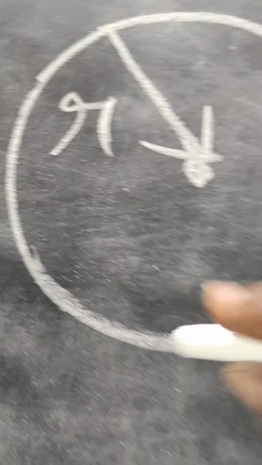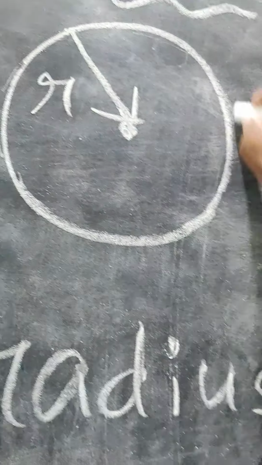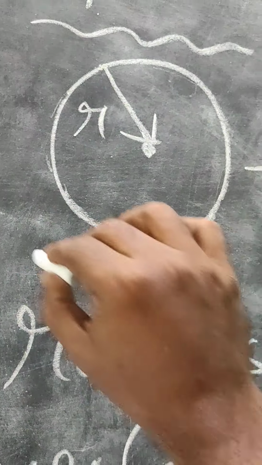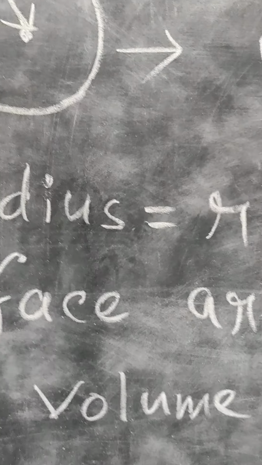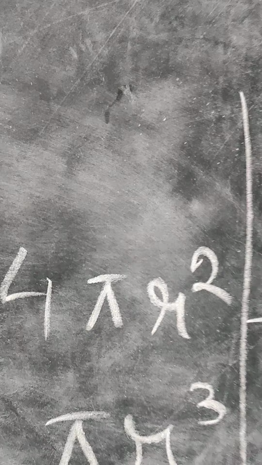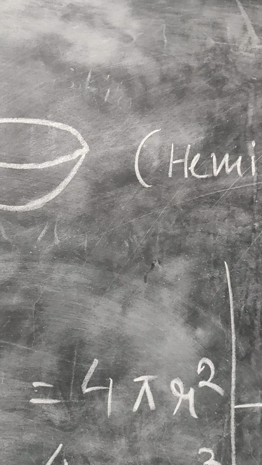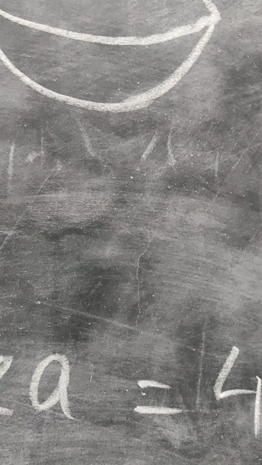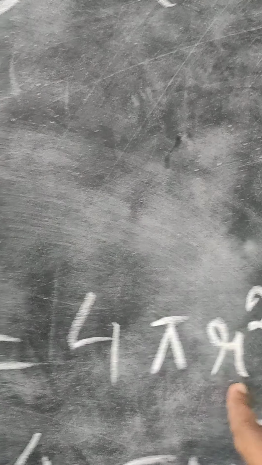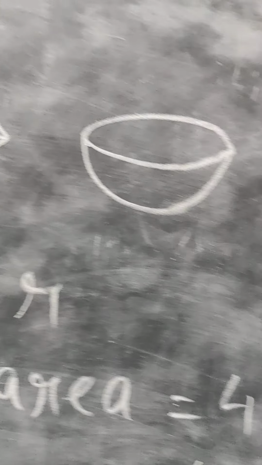Curved surface area means the entire curved part, that will be 4 pi r square. 4 pi r square is the curved surface area. Since it is r square, that means square unit. You should write square meter, square centimeter, like that.